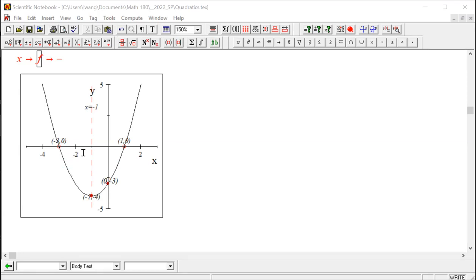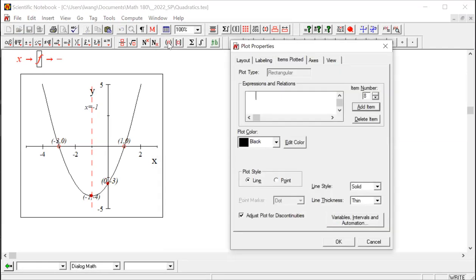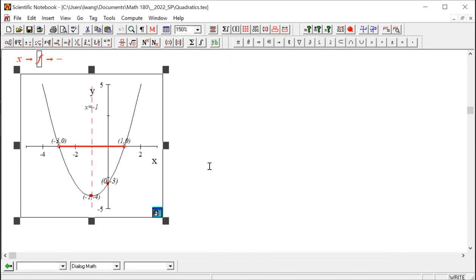And it does not include -3, does not equal +1. So I'm going to mark that interval, and I'm going to make it red and thick. There you go. So that's the solution. How do we describe that solution?